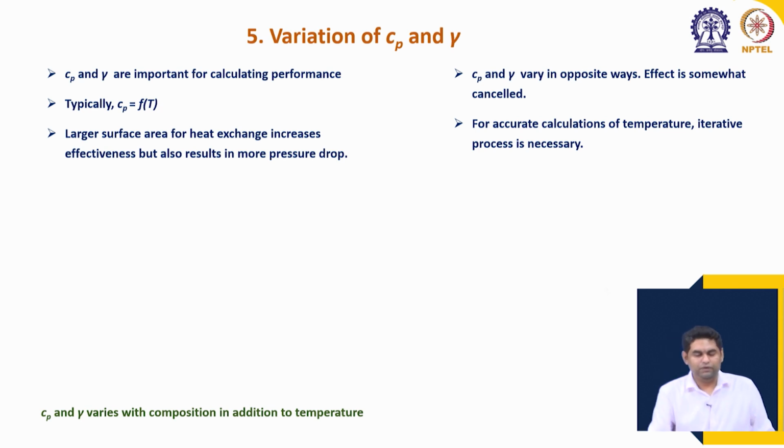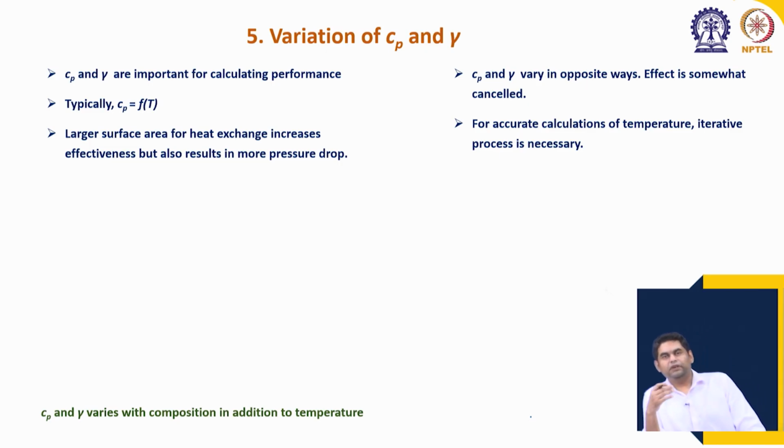Cp and gamma are necessary because they relate the enthalpy change with the temperature change and the temperature change with the pressure changes. So, any change in Cp and gamma also affects these relations. This Cp is dependent on both temperature and the composition of the gas. We will see that.